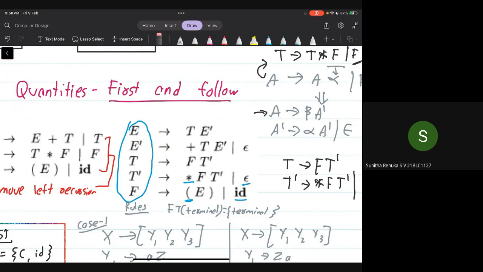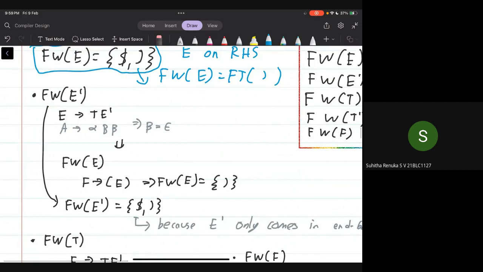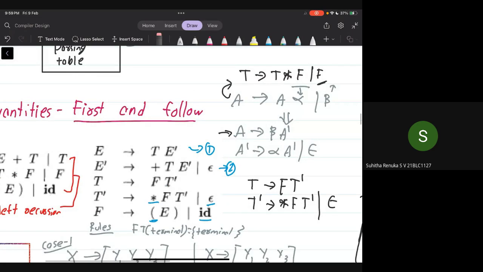It's there in the first and second row. So we first start with the first one, which is E goes to T E dash. The second one was plus T E dash.